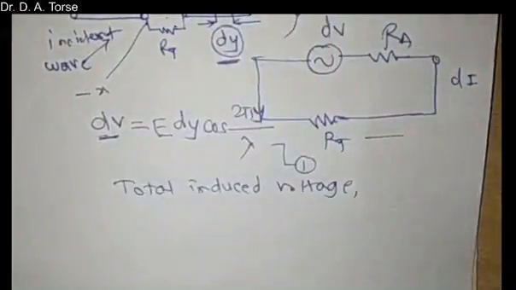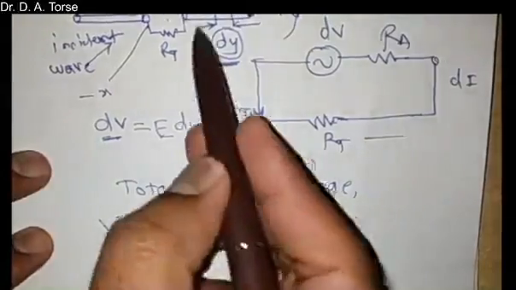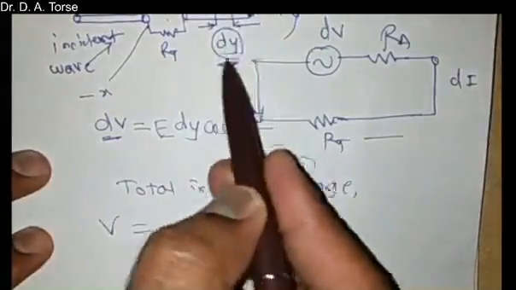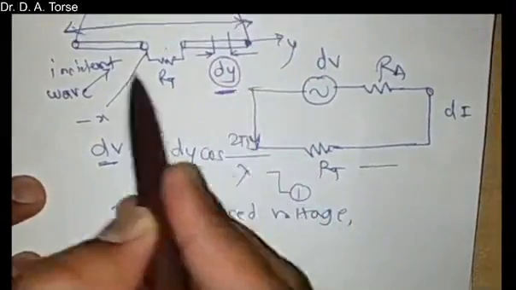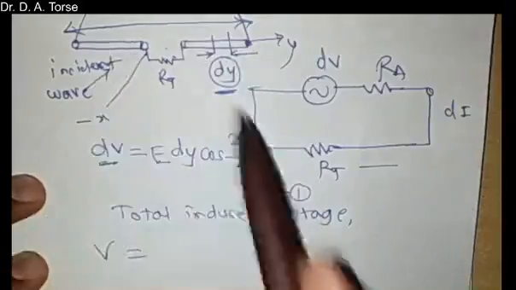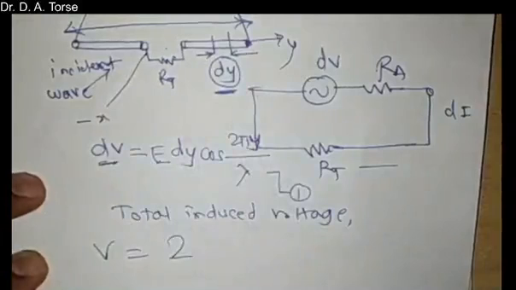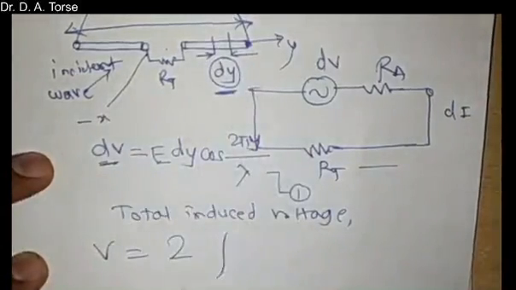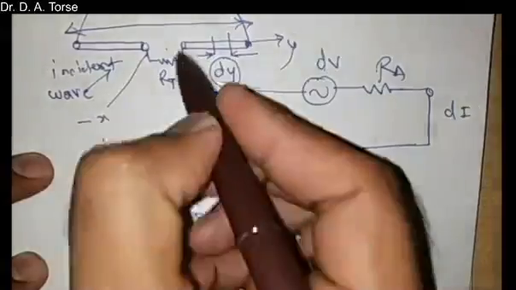So when we integrate, we need to consider both sides. This is one side on which we have considered dy, and we need to take this side and the other side. So we need to multiply the integration by 2 and take the limit.